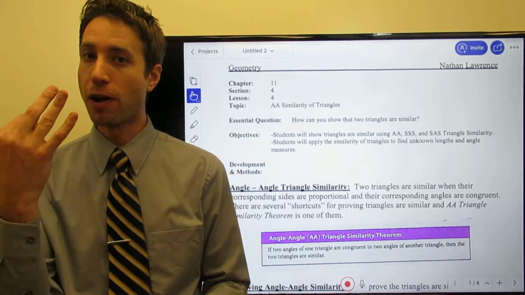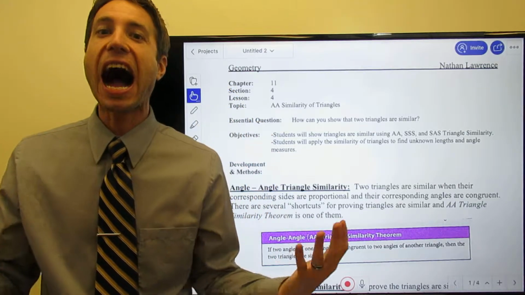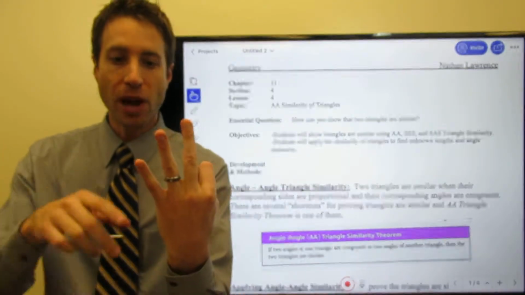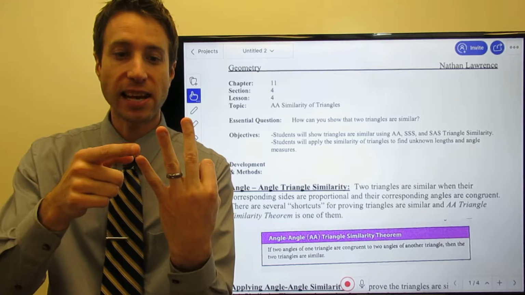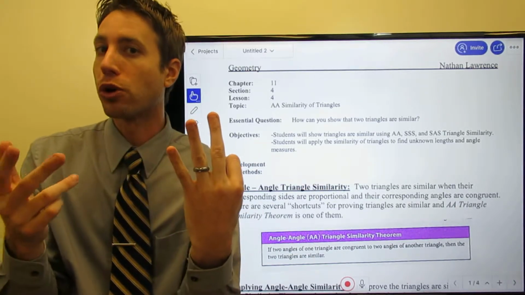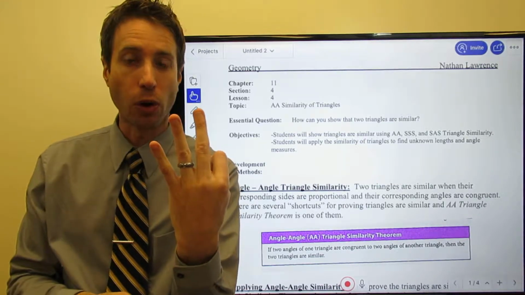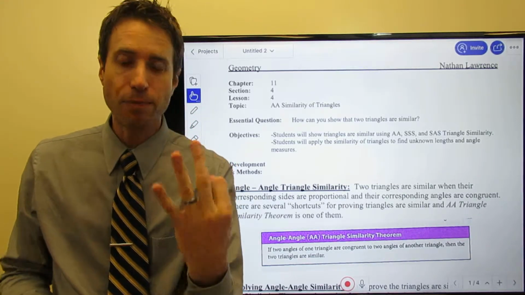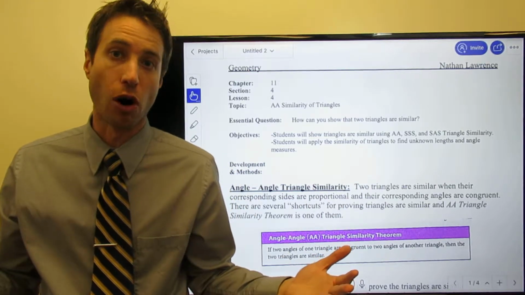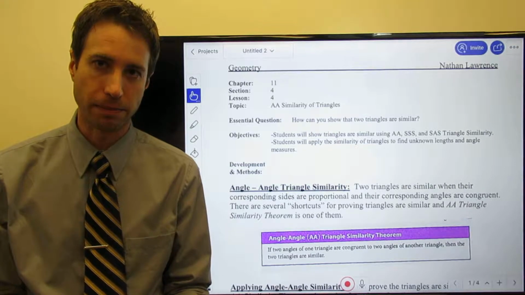Instead of having to prove 3 congruent angles and 3 congruent sides, I only had to prove, let's say it was side-angle-side, that 2 corresponding sides were congruent and the included angle. Well, that's only 3 things, which should take half as long. So what those theorems did was save us some time.